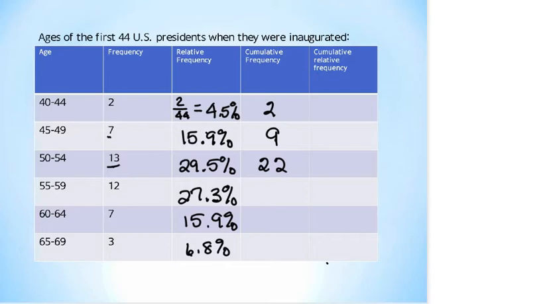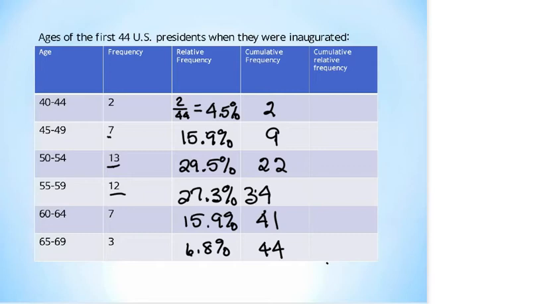We're saying, oh, look, there are 22 who are less than 55 years old. It allows us to pick a point and then to look at what's behind it. So again, add 12 to 22, you get 34. Add 7 to 34, you get 41. And add 3 to 41, you get 44. And if you don't have 44, you added wrong because there's only 44 presidents we're representing.